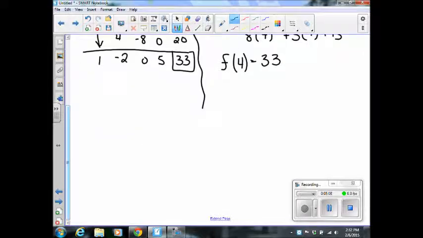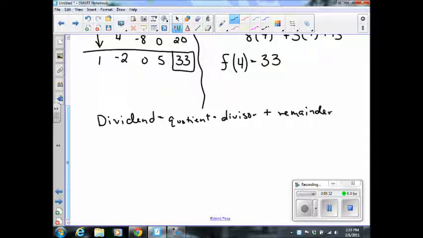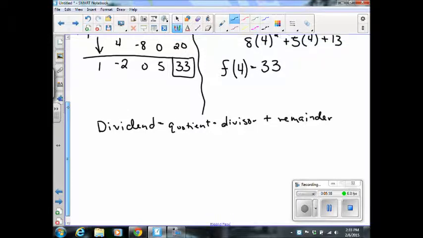So if I wanted to write my remainder theorem, I have my dividend equals the quotient times the divisor plus the remainder. If you're asked to set this up in this form, you'll have to use your synthetic division.